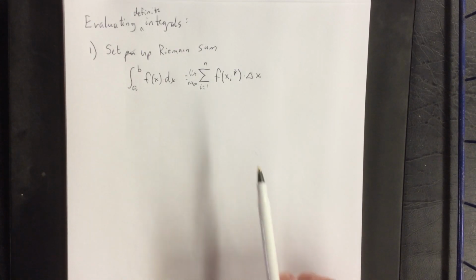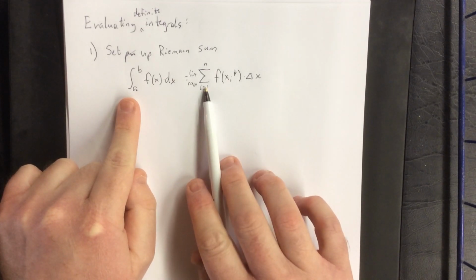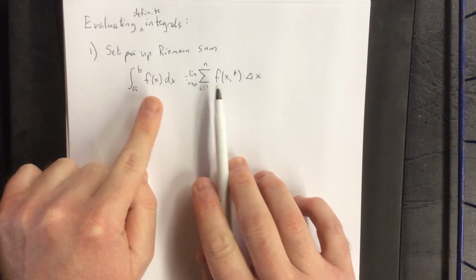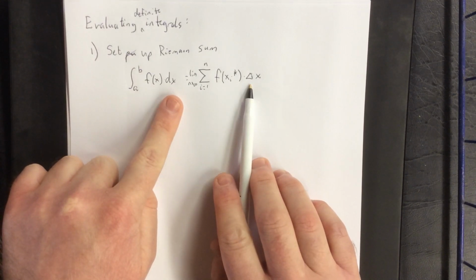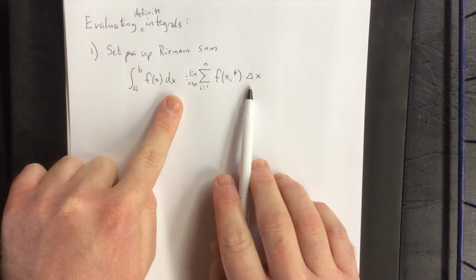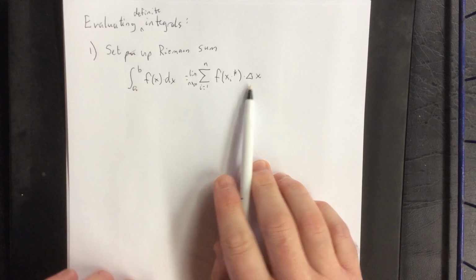You'll notice that the structure of these two statements is similar. The integral sign is meant to represent an s, and the capital sigma represents an s as well. Then you've got your function with an x value plugged in, and your delta x versus a dx. Delta x is a finite change in x, whereas dx is referring to an infinitesimal change in x.